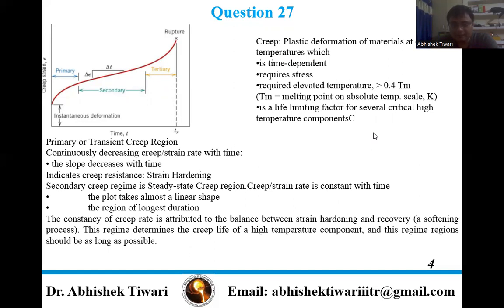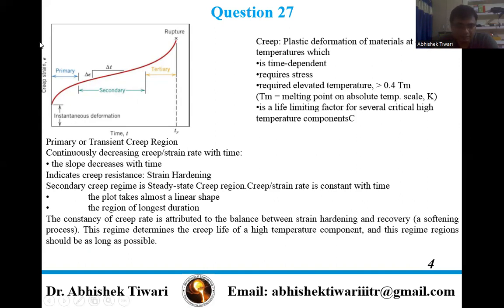So creep is plastic deformation of materials at elevated temperatures, which is time dependent, which requires stress, and the required temperature is greater than 0.4 Tm, where Tm is the melting point on absolute temperature scale in Kelvin, which is a limiting factor for several critical high temperature components.